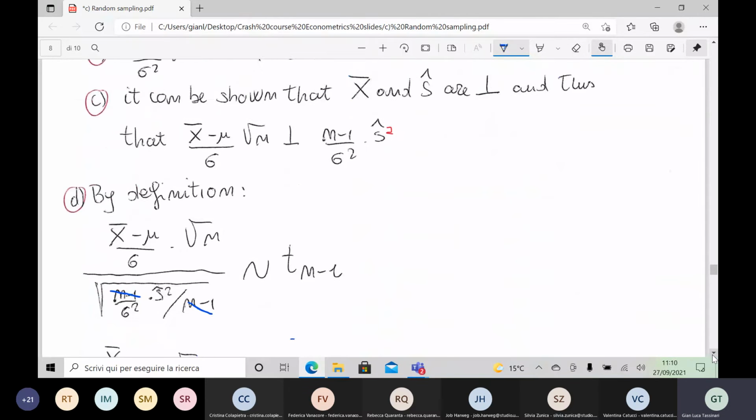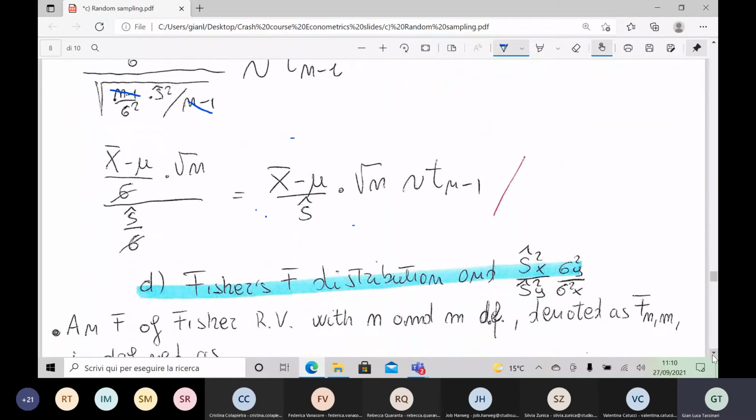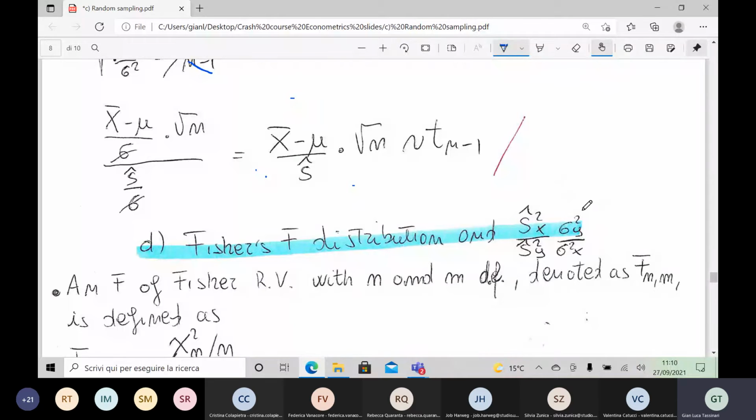Now, the last result, and I want to show you the ratio, which is the distribution of these sample statistics or random variable.